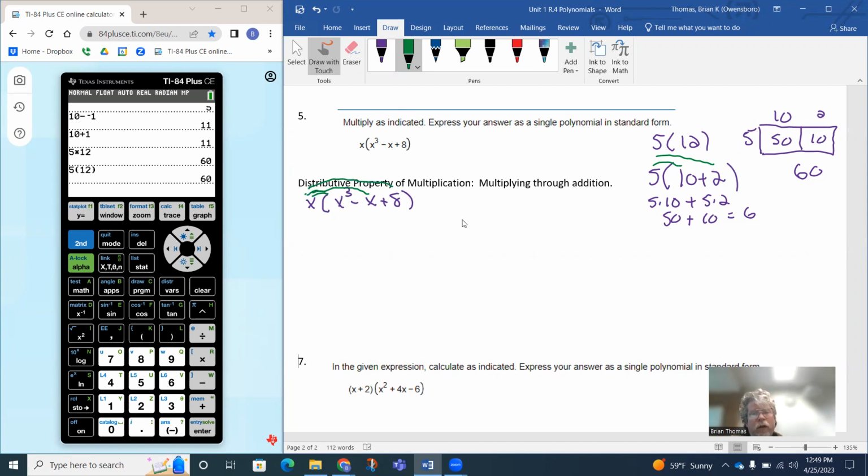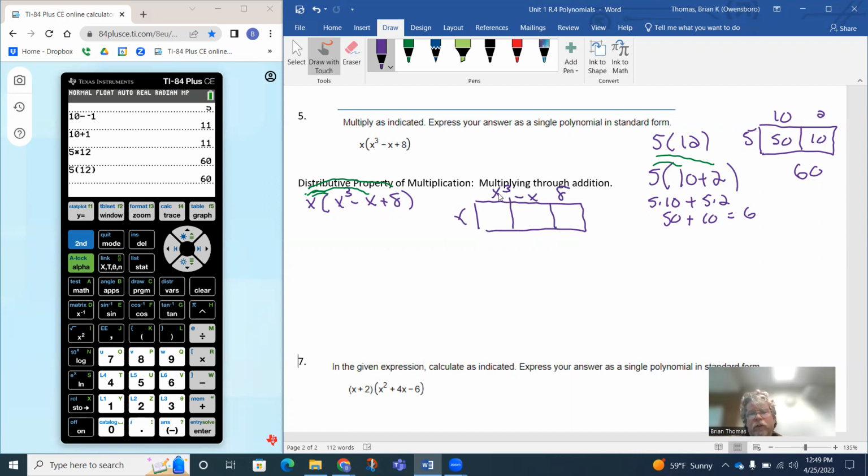Now, an easy way to organize that is also to use the box as a strategy. So I have x cubed, I have a negative x, and a positive 8. So I can partition like that.